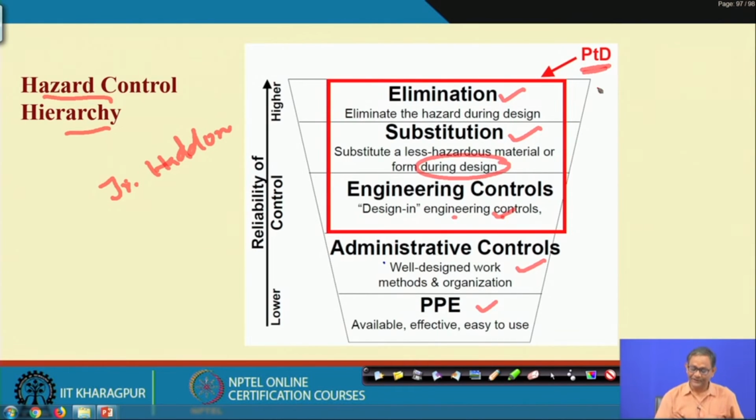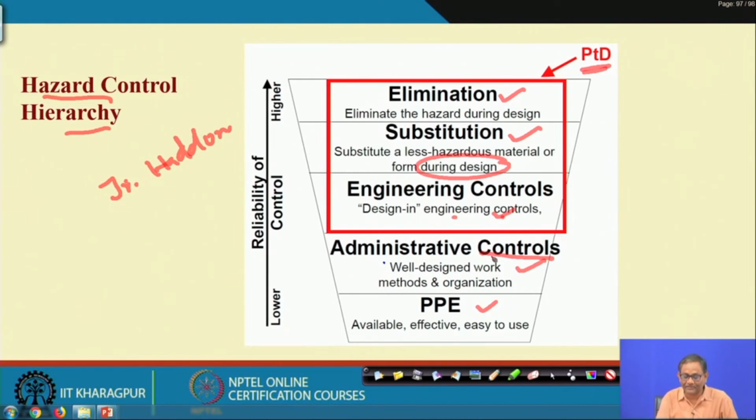Whatever PTD you adopt, administrative control is also a must. For every hazard you identified, for some there may be a PTD-related solution, and somewhere an administrative solution is also related. Well-designed work methods and organization is administrative control.